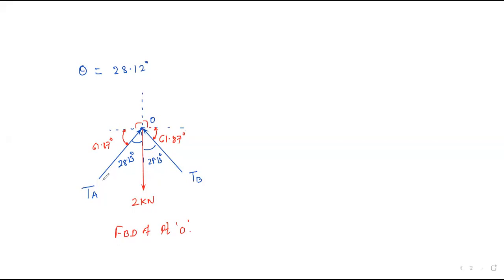Now give me the answer. This is the diagram which is in front of you. Now there are three forces which are acting at point O. Can we use the Lami's theorem? No, sir. Why no?